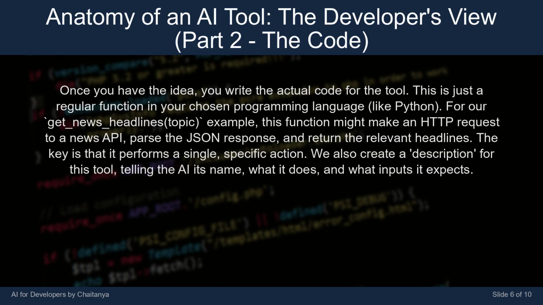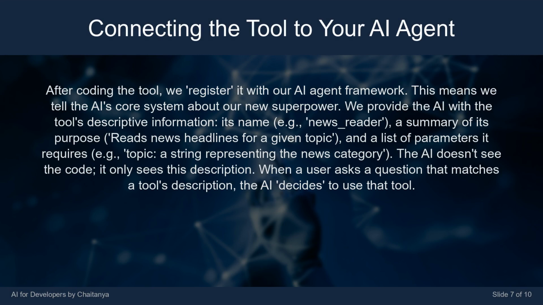The key is that it performs a single, specific action. We also create a description for this tool, telling the AI its name, what it does, and what inputs it expects.